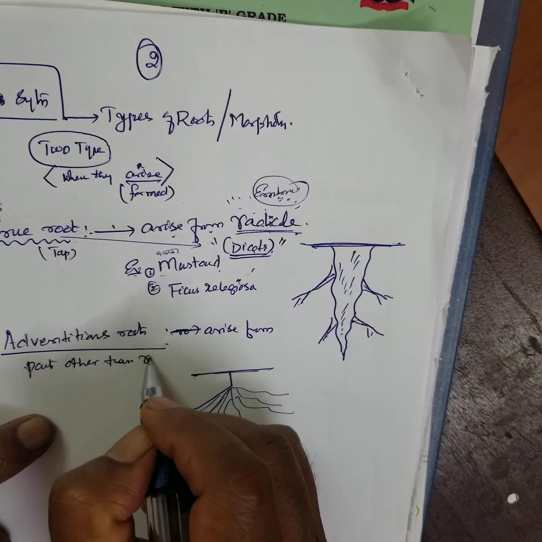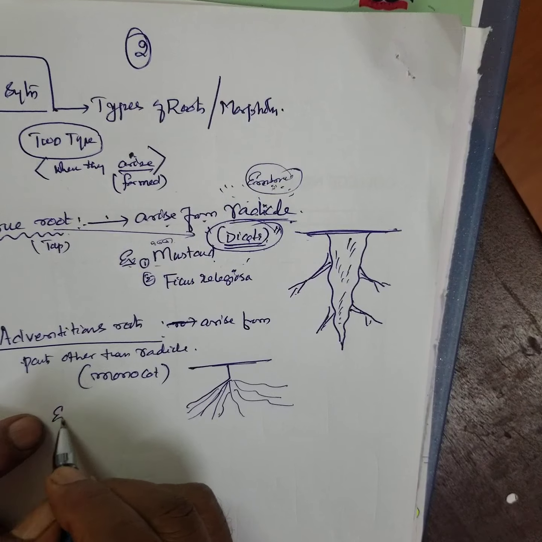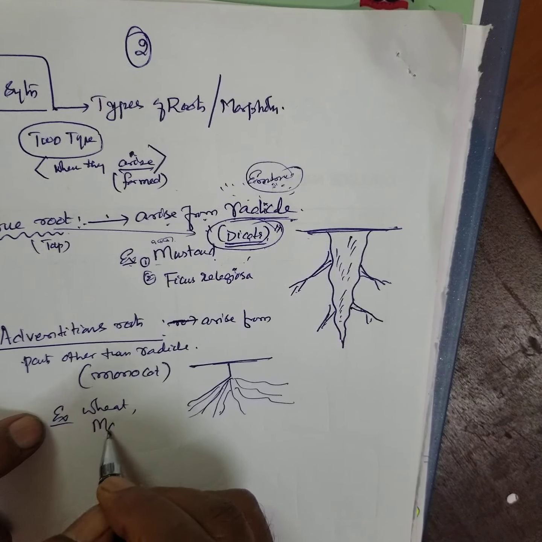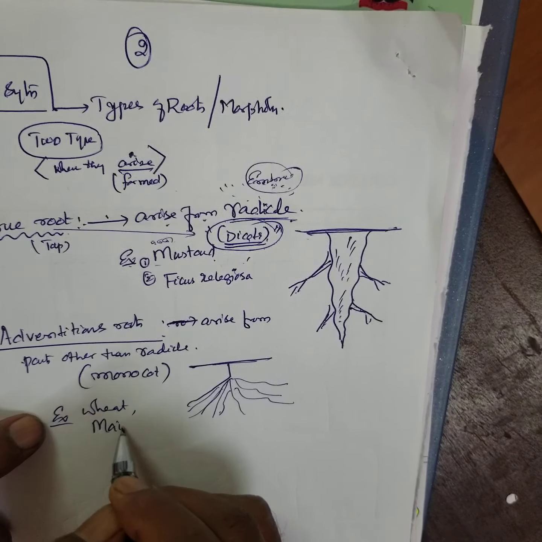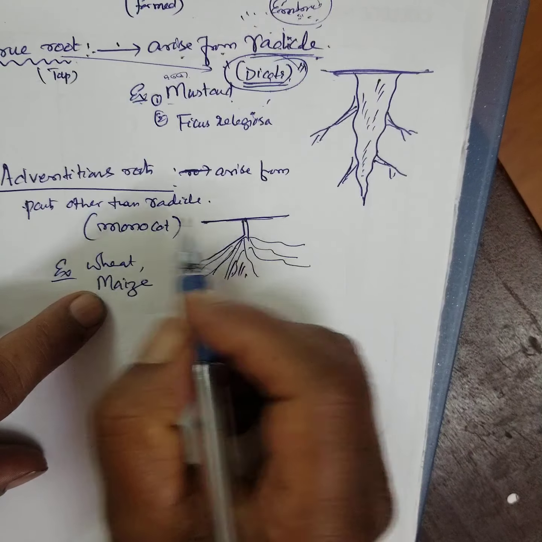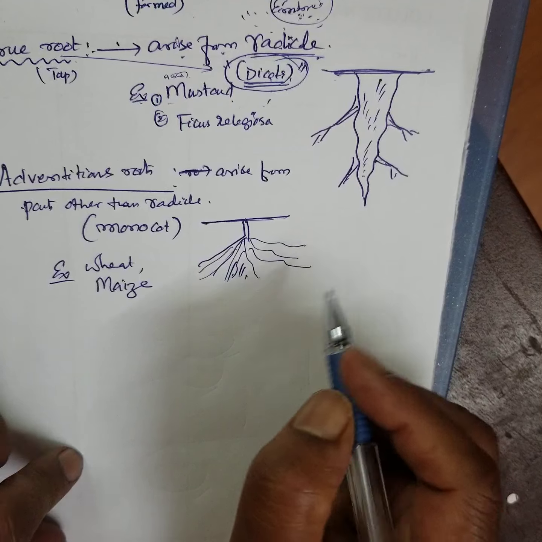This is a dicot, and this is a monocot. Monocot examples: wheat, maize and all this. These are called fibrous roots, or adventitious roots.